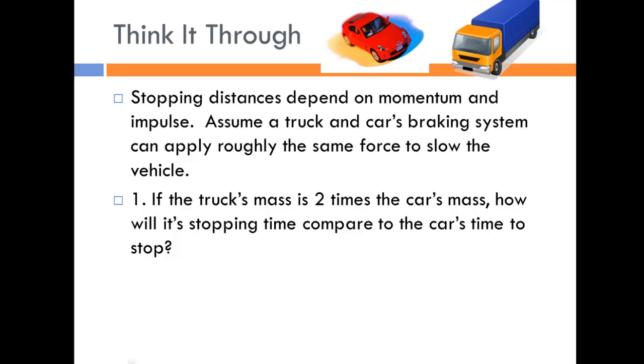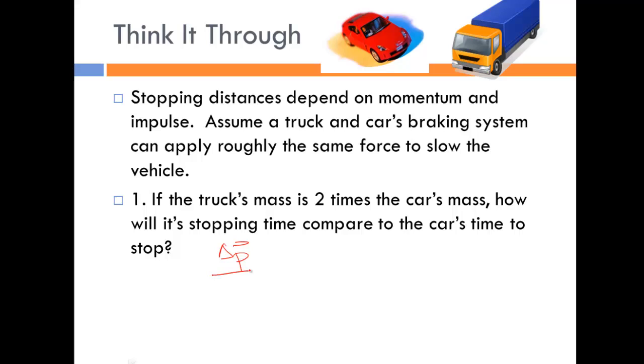Okay, so let's think it through. Stopping distances depend on momentum and impulse. Let's assume a car and a truck's braking system can apply the same force to slow the vehicle. If the truck's mass is twice the car's mass, how will the stopping times compare? Well, let's start with our equation, and again, let's let the math talk to us.